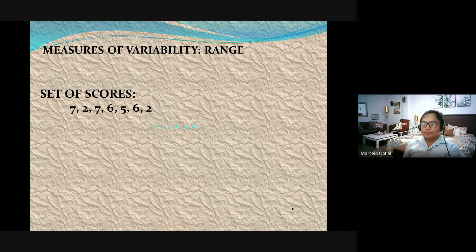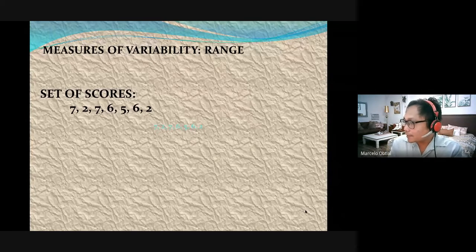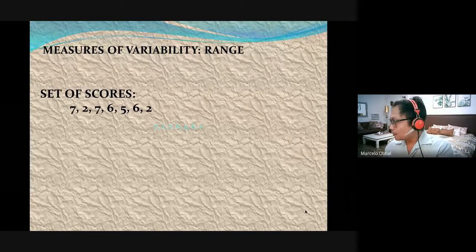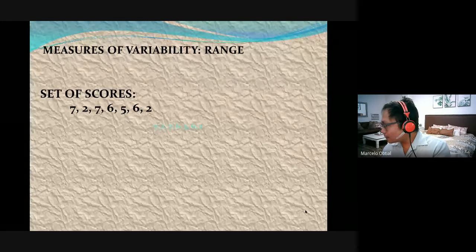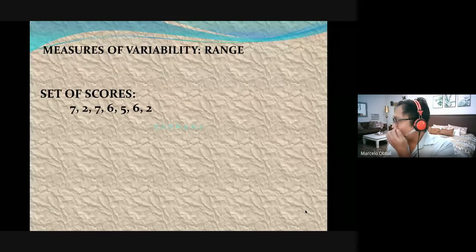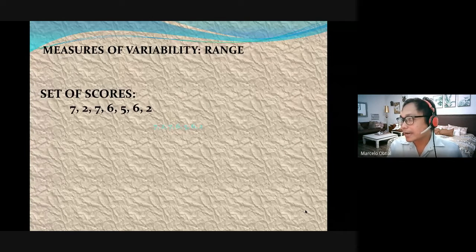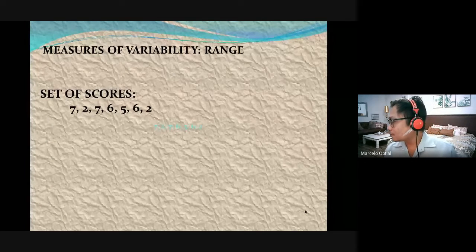Okay, so if I ask you, meron bang kinalaman sa realidad ang range? Yes, meron, no? Civil engineering students, may application ba ang range sa inyo? Frances, range, sir, kasi di lahat ng terms kabase doon. Okay, anybody, meron bang gamit yung range sa buhay nyo? Ginagamit nyo?